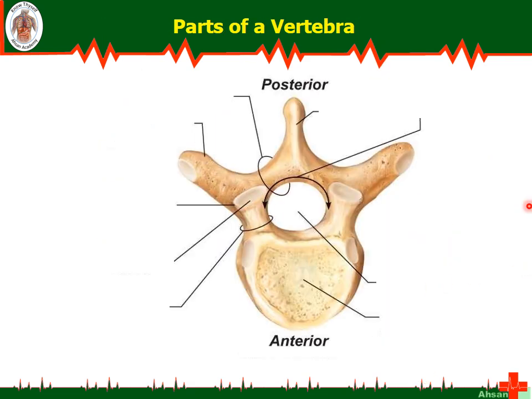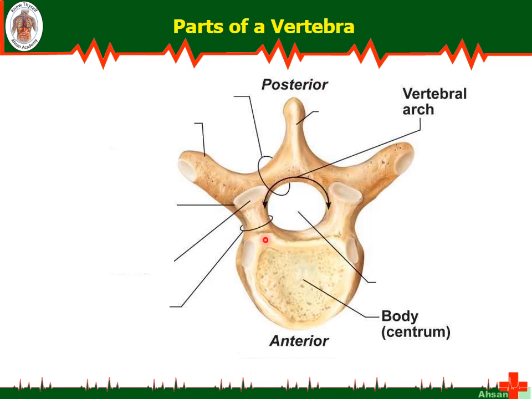Let us see the features of a typical thoracic vertebra. A thoracic vertebra comprises a body. This is the body, also known as the centrum, and the vertebral arch. From here, the vertebral arch makes an arch over there.